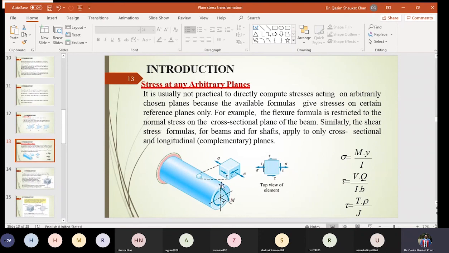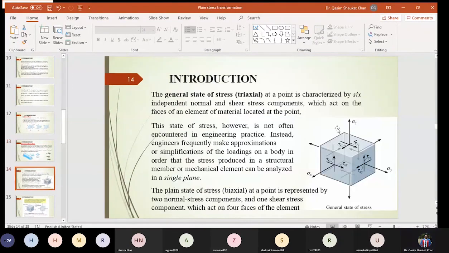In the figure you can also see this is the bending moment, and this is the twist. You can see the twist is applied perpendicular to the longitudinal axis, and this bending moment is acting within the plane. Okay, now this 3D unit we are going to study.